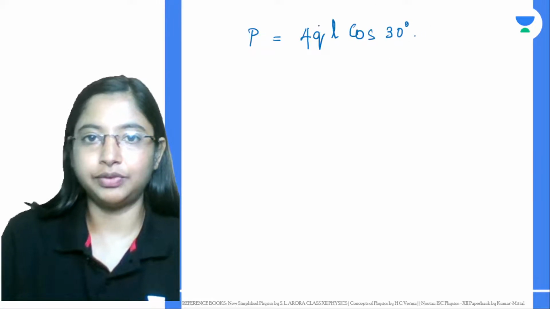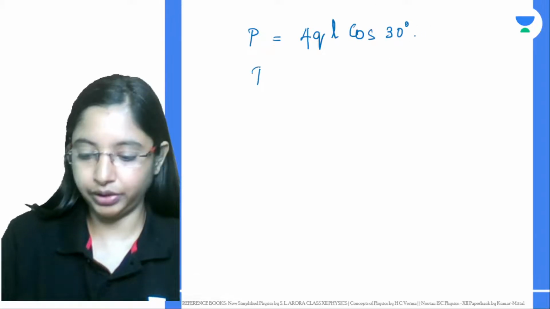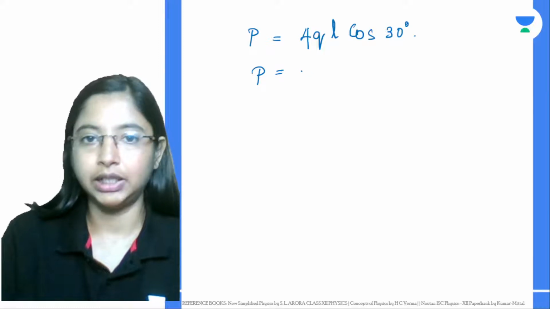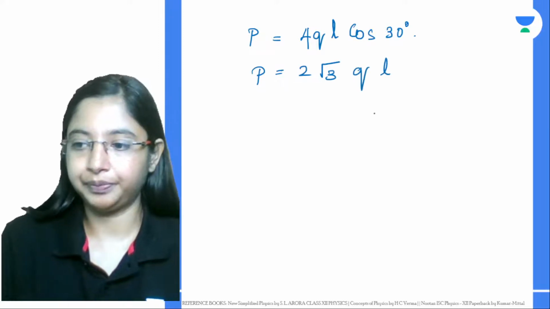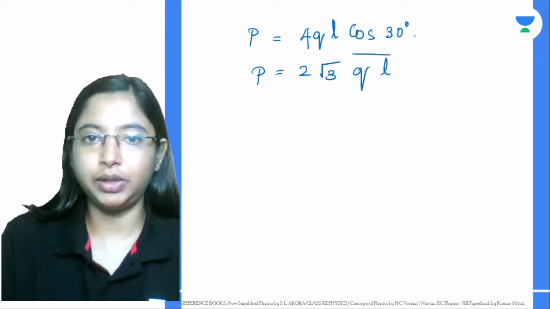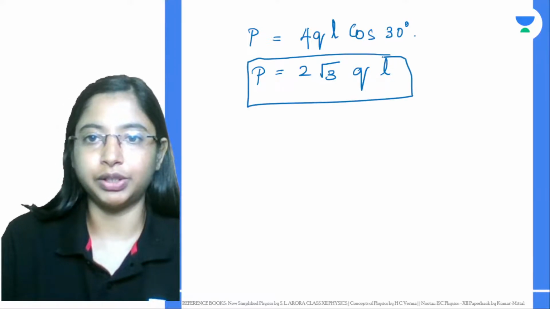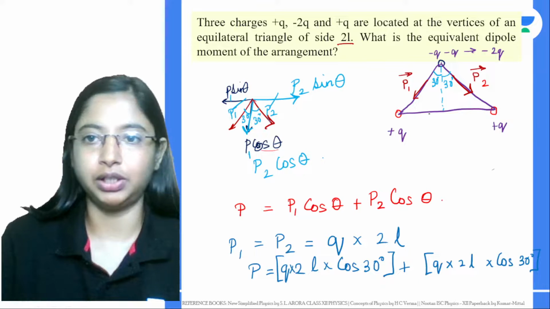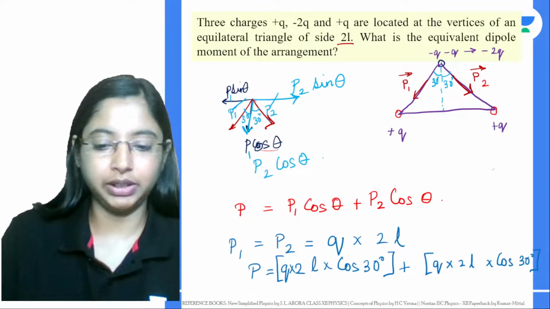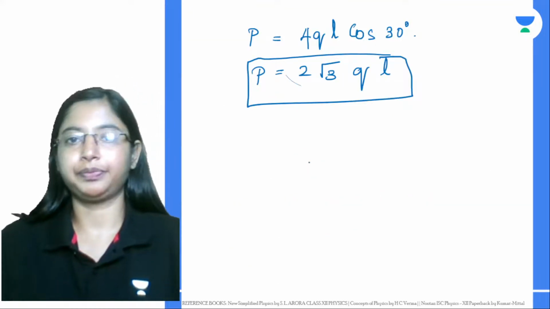You solve for this, 4 into cos 30 degrees, if you solve for that, you will get 2 root 3 Q into L. This is the equivalent dipole moment of this particular arrangement over here.